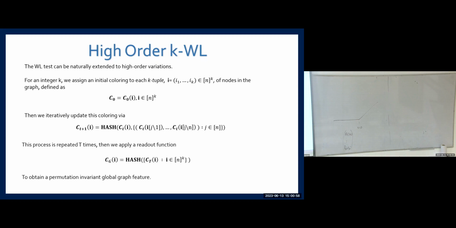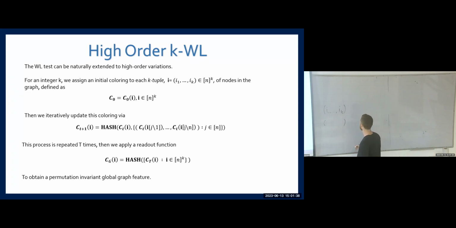Maybe I'll write it down on the board. The notion of the neighborhood in this case is more intricate than before. If I have a k-tuple i1, ..., ik, its neighbor is any tuple such that we only change one of the indices.